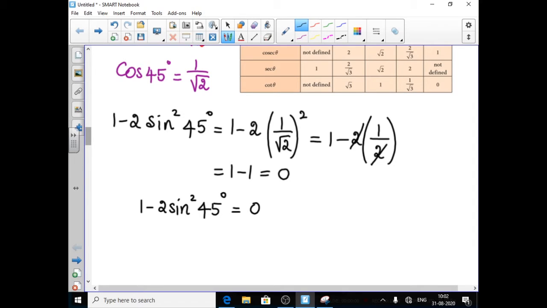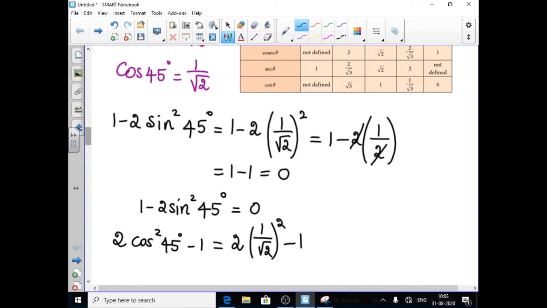Okay. Then next one, 2 cos square 45 degree minus 1. That is equal to 2 times cos 45 degree, which is 1 by root 2. So 1 by root 2 whole square minus 1.